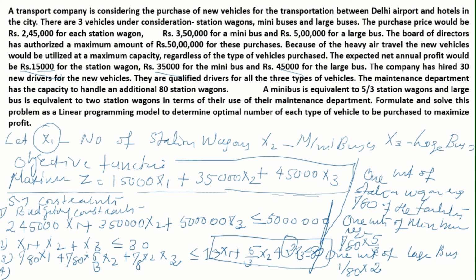This is correct. 5 by 3 is 1.67 when you divide. So you can write it as x1 plus 1.67 x2 plus 2 x3 is less than or equal to 80. The non-negative constraint is that x1, x2 and x3 will be greater than or equal to 0, and hence the solution. Thank you.